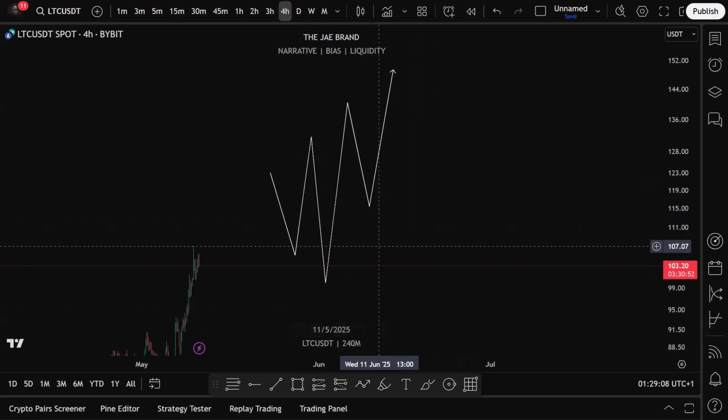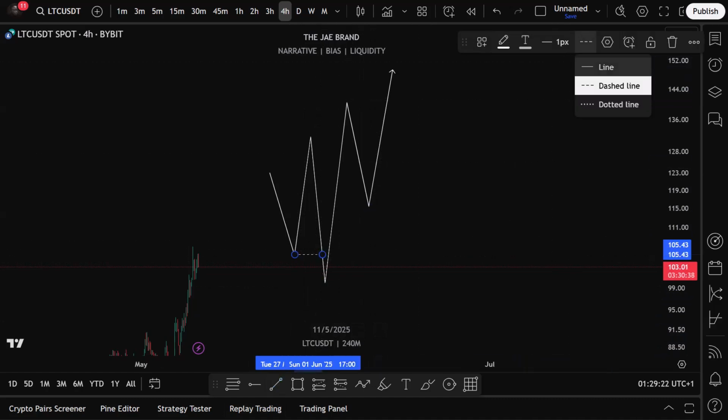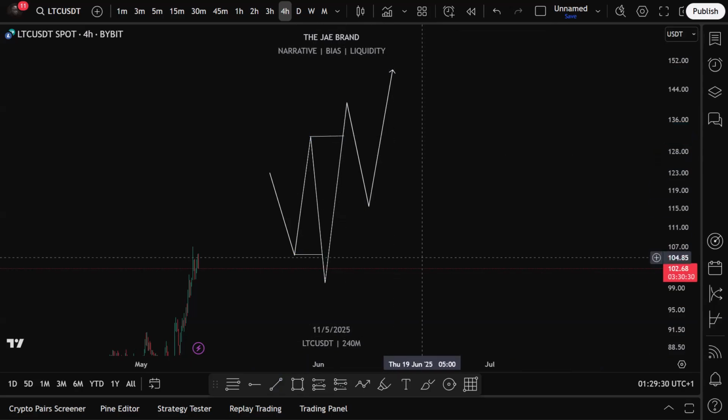I have already created a video explaining swing structure and the various kinds of liquidity that we have. So we want to quickly see a sweep of this low, then we want to have a break of this structure, which is known as transactional liquidity.